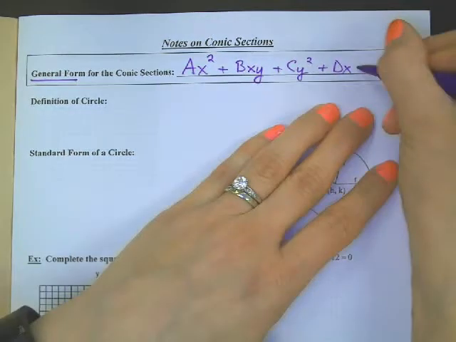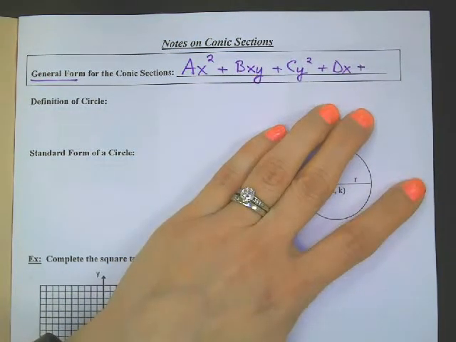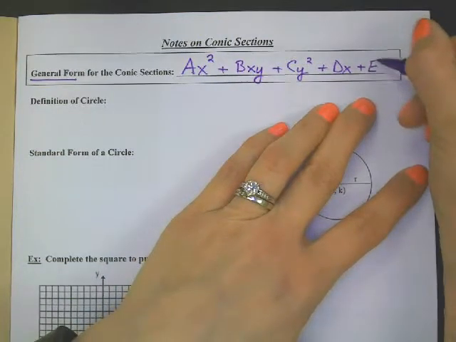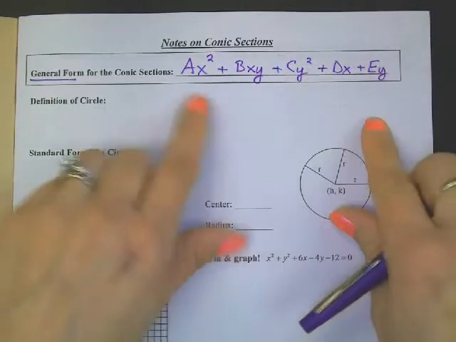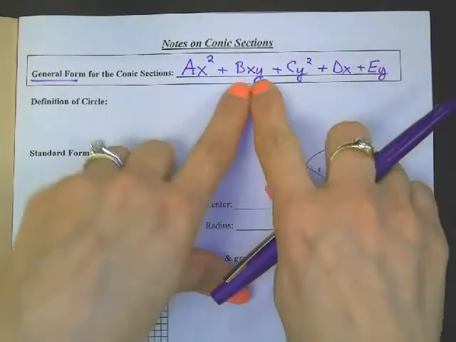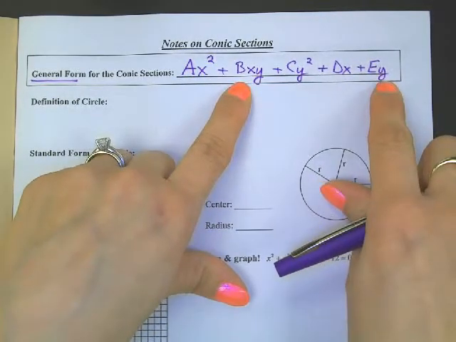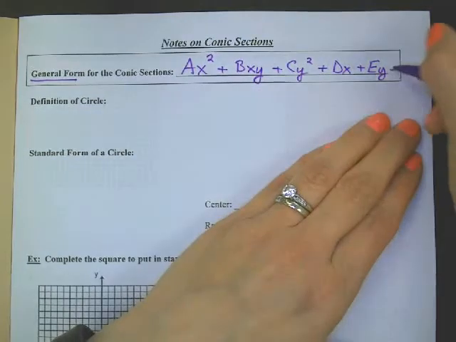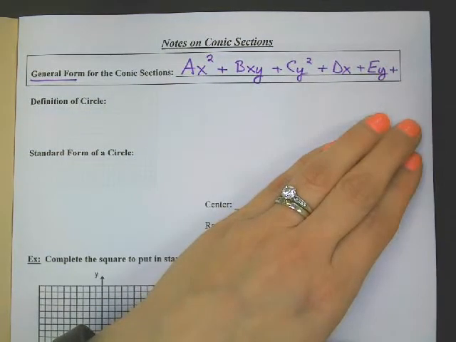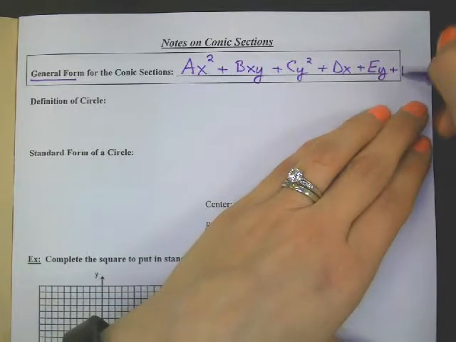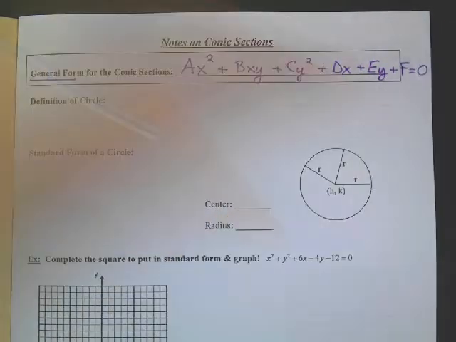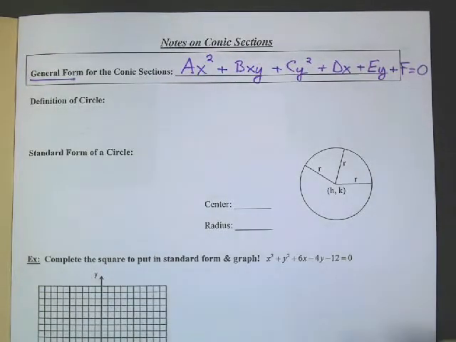What else do we need? A single y, and E is the coefficient. So we've got two x's, two y's, one of each, both of them. How about a constant? Maybe just F, equals 0. So that is the general form.